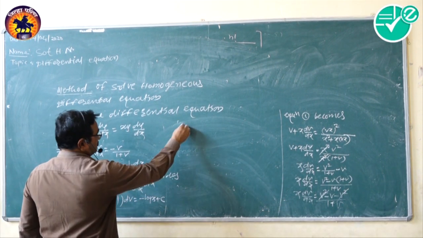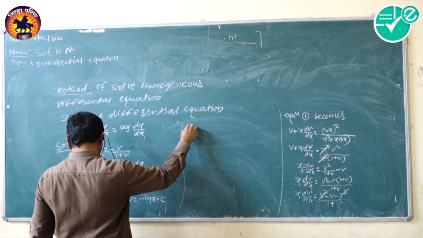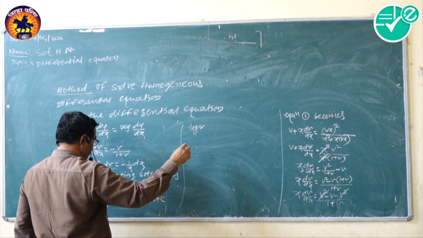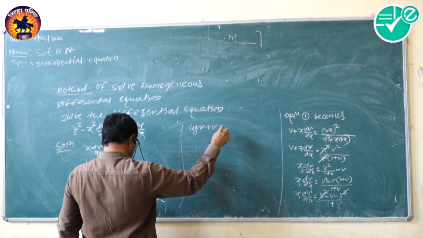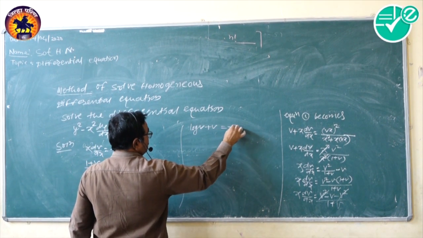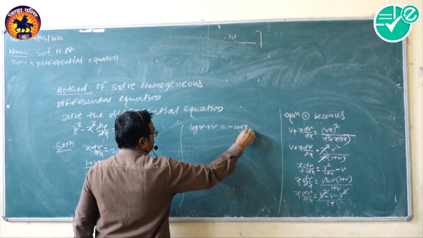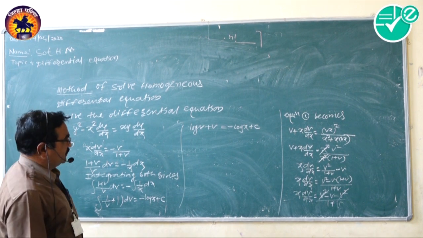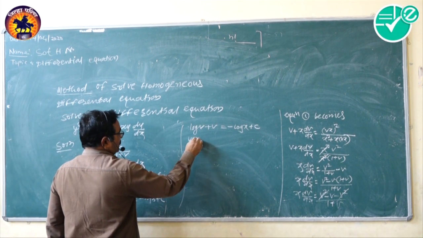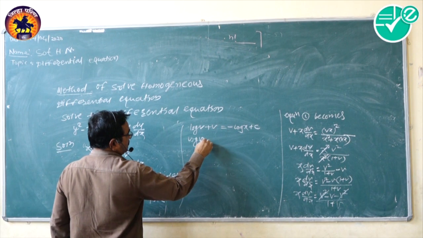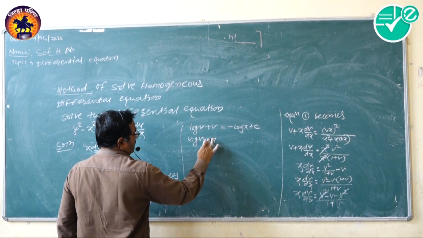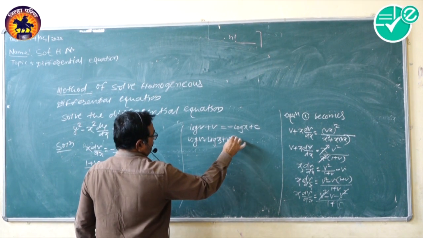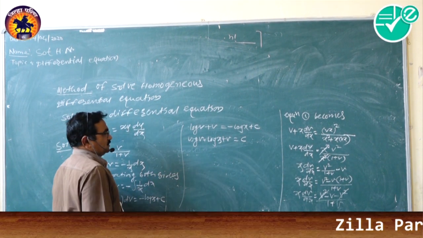Integration of 1 upon v is log v plus v equal to minus log x plus c. Log v plus log x plus v equal to c.